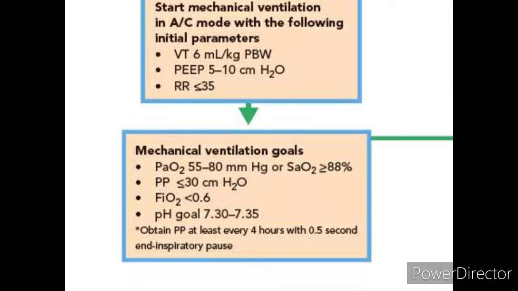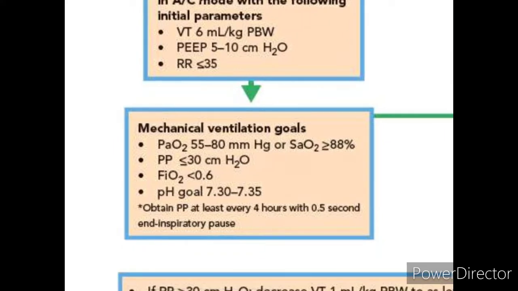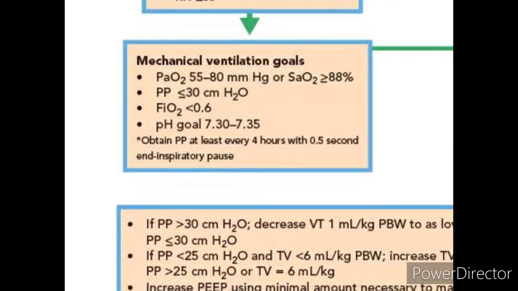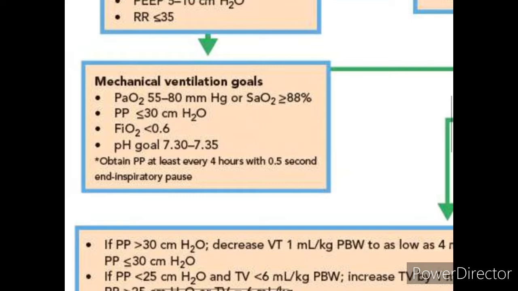And you'll be aiming at these goals: oxygenation in the range of 55 to 80 or saturation above 88%, plateau pressure of less than 30 centimeters of water, fraction of inspired oxygen less than 0.6, and pH of 7.3 to 7.35.